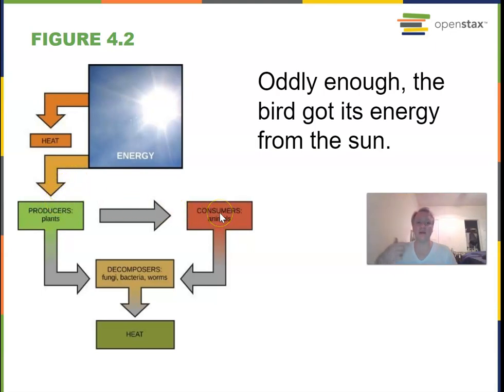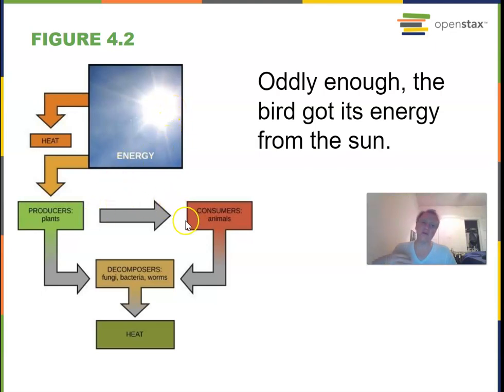And then animals like you or I or that hummingbird eat those plants. Or sometimes we eat other animals who have eaten those plants. And that's where we get our energy from. And regardless of whether or not we eat plants or whether we eat animals, the energy ultimately came from our friend, the sun.